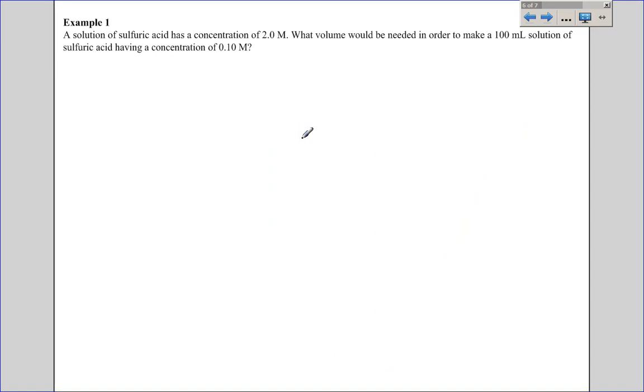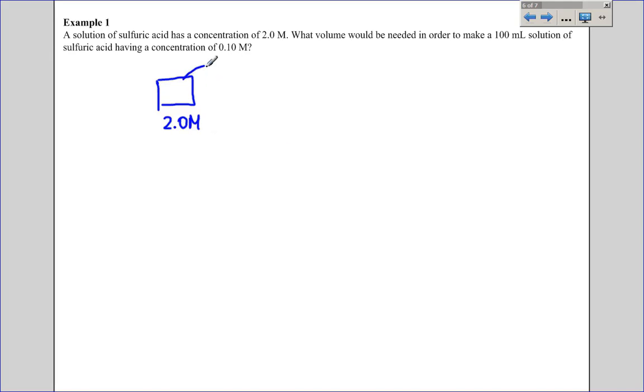My biggest piece of advice for solving these problems is to do your best to imagine the scenario and think about, if you were doing this in the lab, what would it look like? So in example 1, we have a solution of sulfuric acid that has a concentration of 2 molar. So this is my starting solution with concentration of 2 molar.